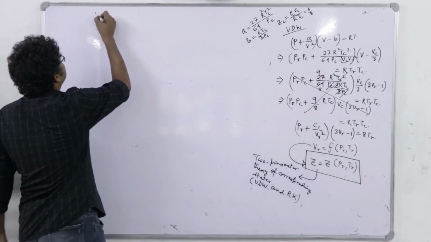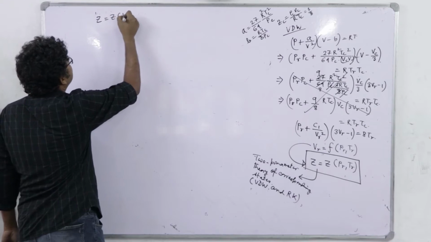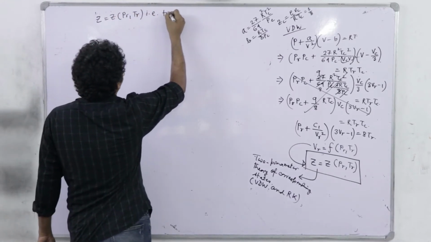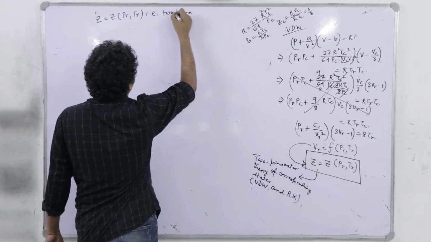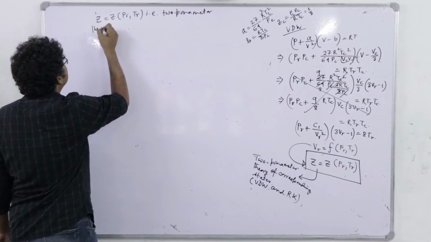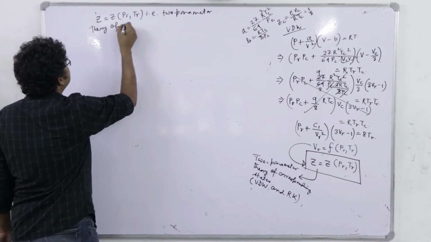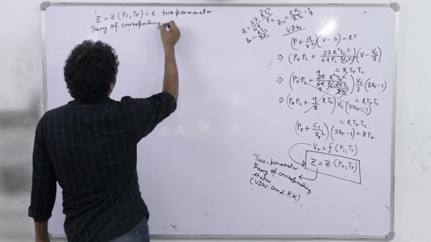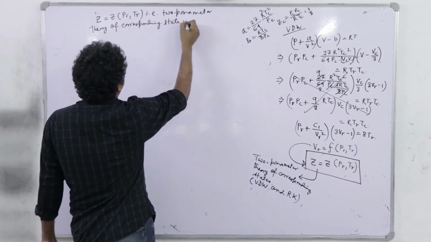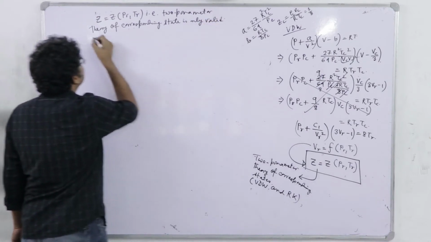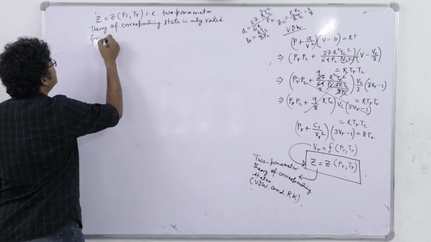So, this Z, which is a function of PR and TR, that is the two parameter theory of corresponding states, is only valid for simple fluids.